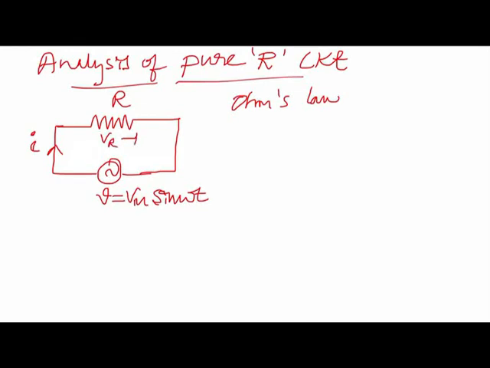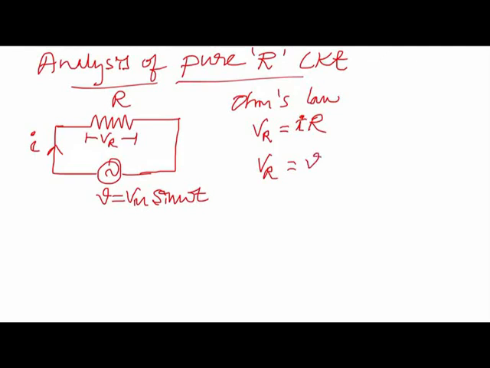From Ohm's law we know that VR is equal to current I into resistance R. Whenever we apply a voltage to a single resistor, whatever the applied voltage, the same voltage will be available across the resistance as a drop. So we can say that VR is equal to the applied voltage V.